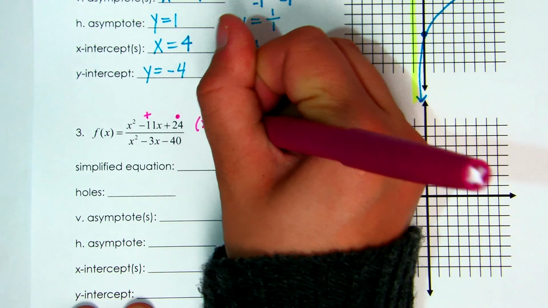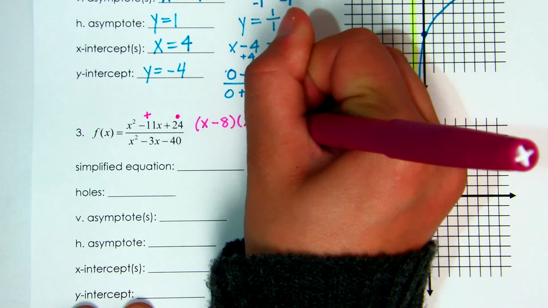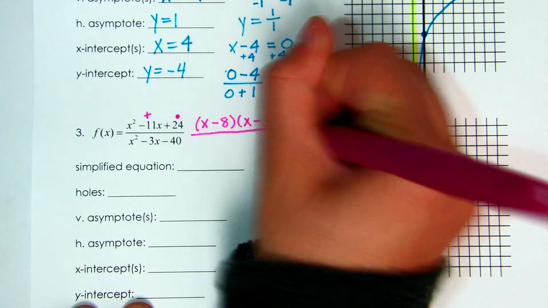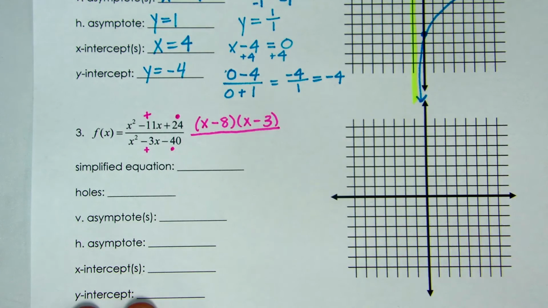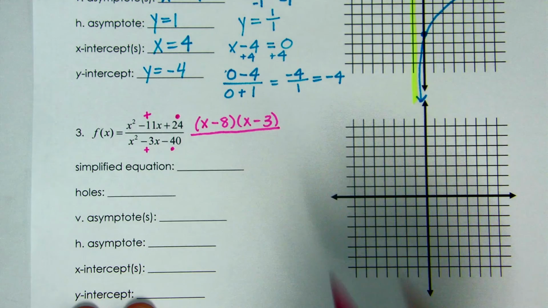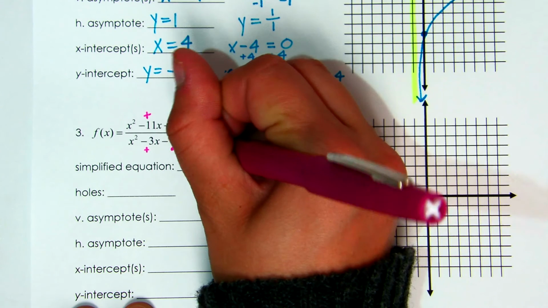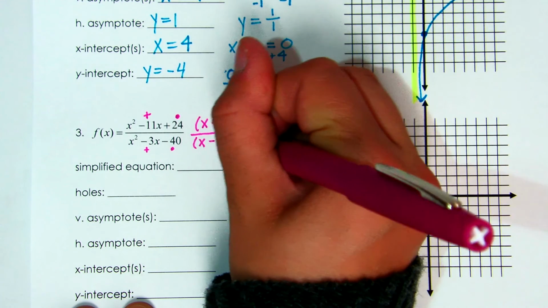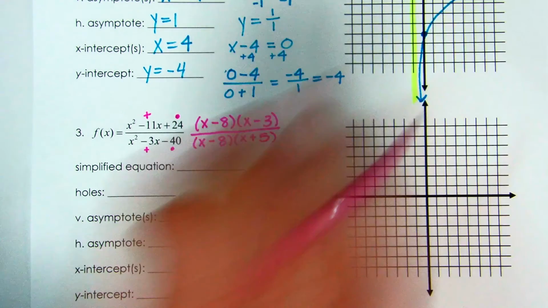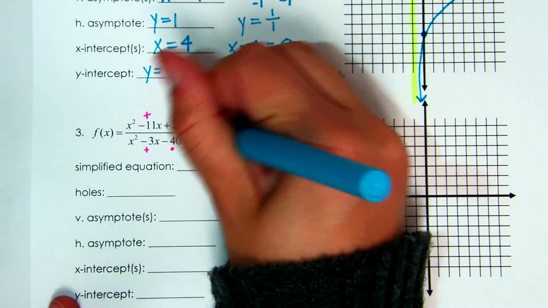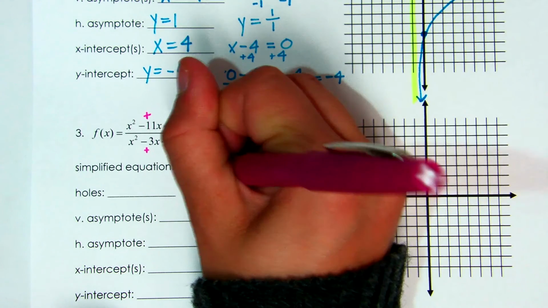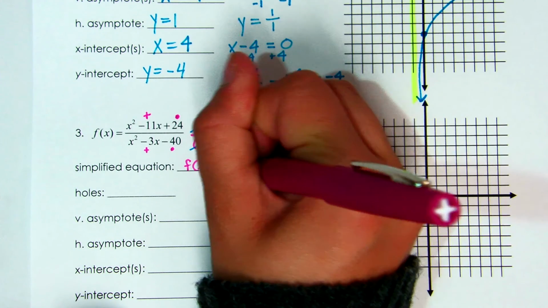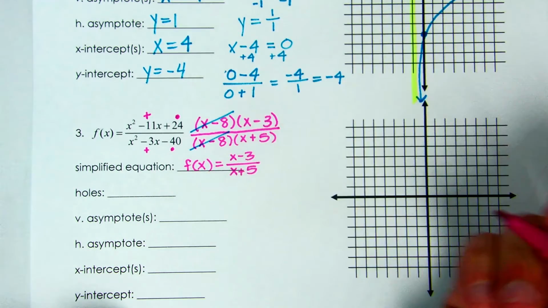So x minus 8, x minus 3, over what multiplies to negative 40 and adds to negative 3. It's going to be 8 and 5. So x minus 8 and x plus 5. My 8's cancel. So my simplified equation is f of x equals x minus 3 over x plus 5.